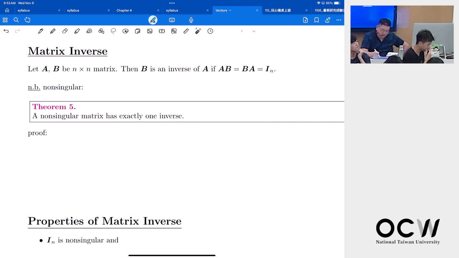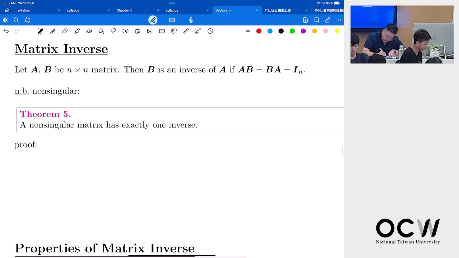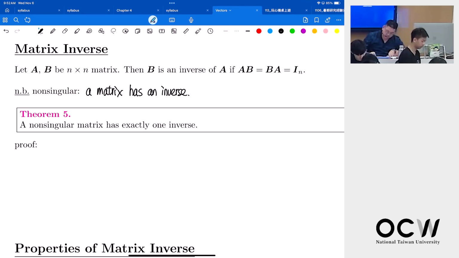So, because of this definition, if we say that this matrix is non-singular, that means the matrix has an inverse, and exactly one inverse.